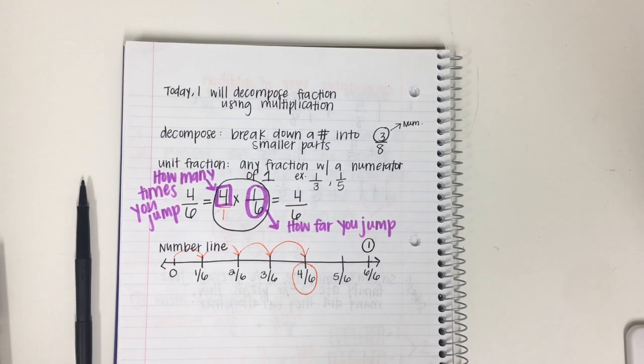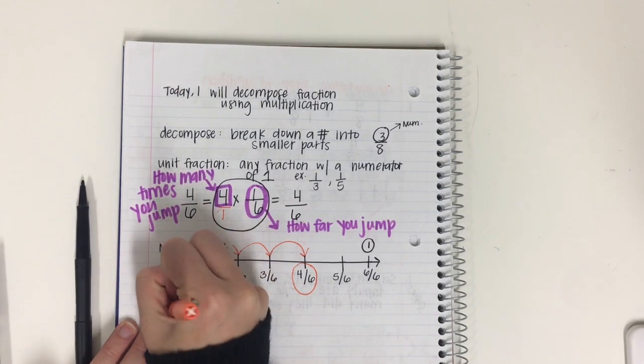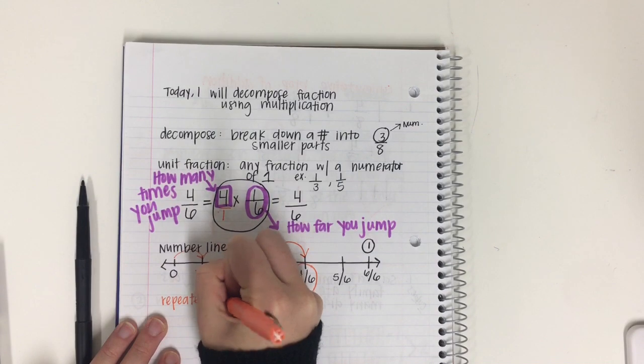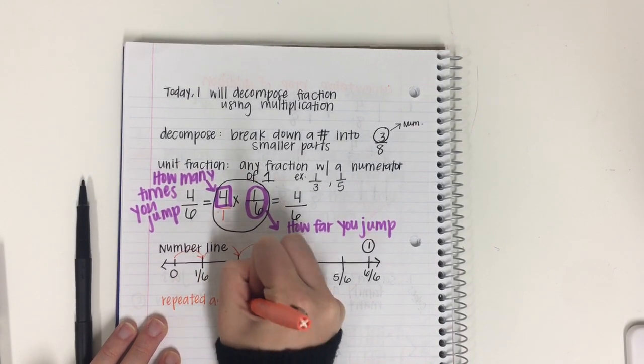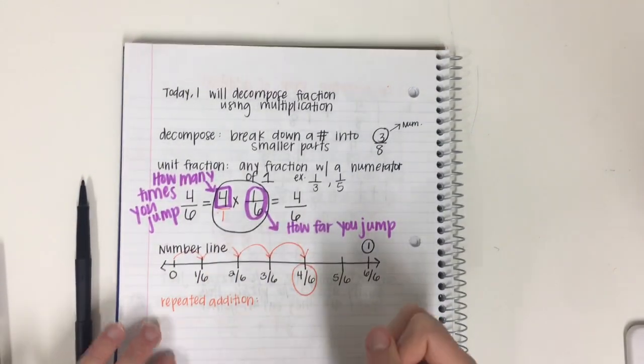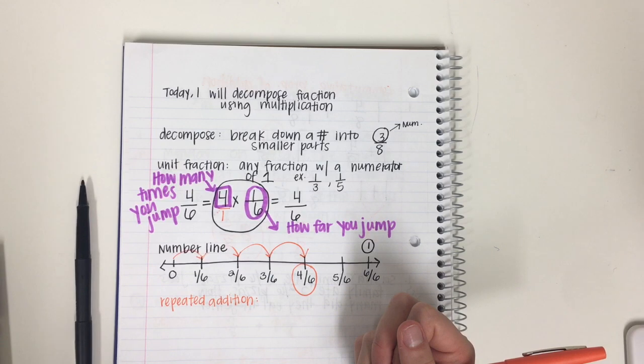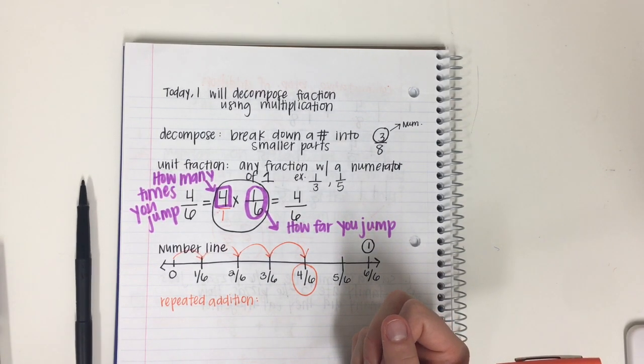Okay? This looks just like what we already know of repeated addition. Right? When you multiply, the reason we multiply is so we're not adding all these big numbers together, but you can do repeated addition and get the same answer as if you were multiplying.